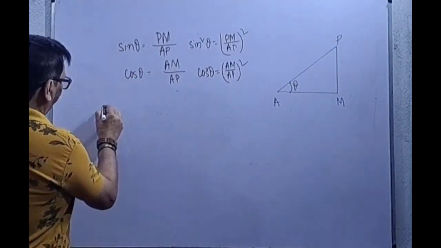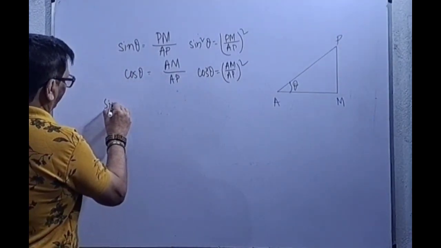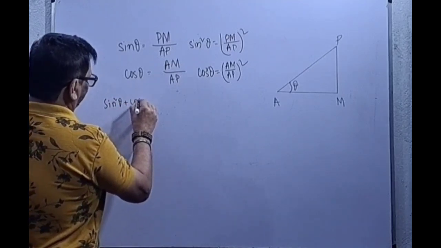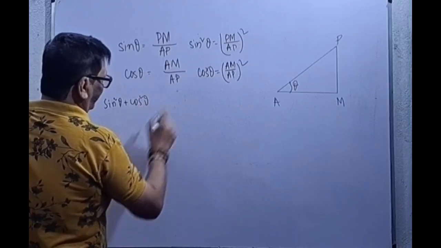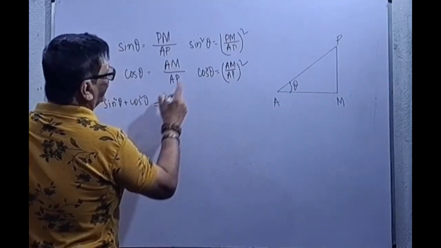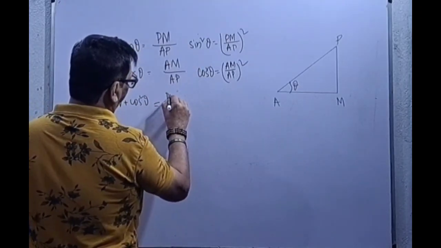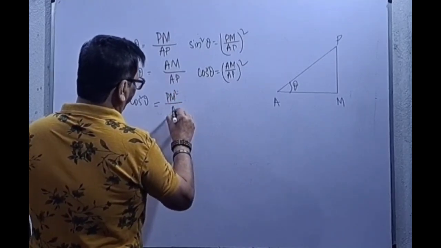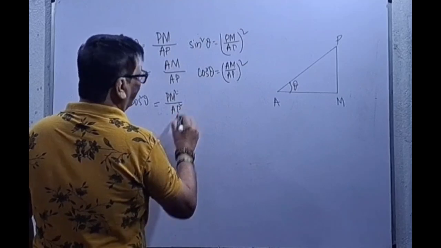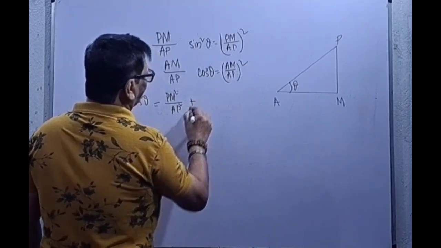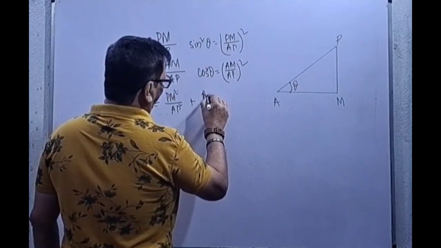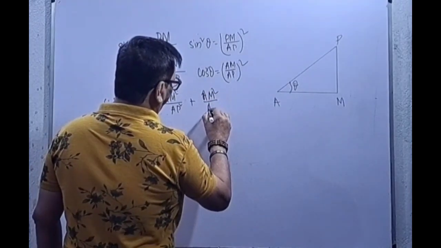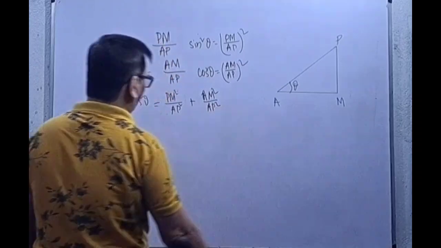Now see, if we write sin² theta plus cos² theta, then you can write this is equal to PM squared by AP squared plus AM squared by AP squared, right?